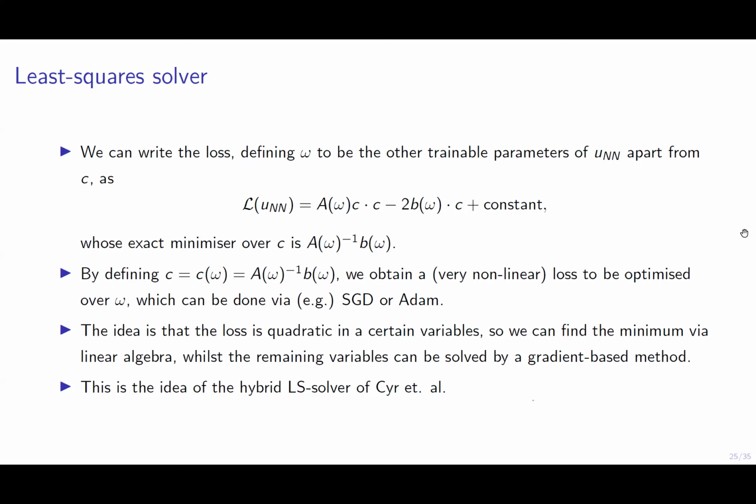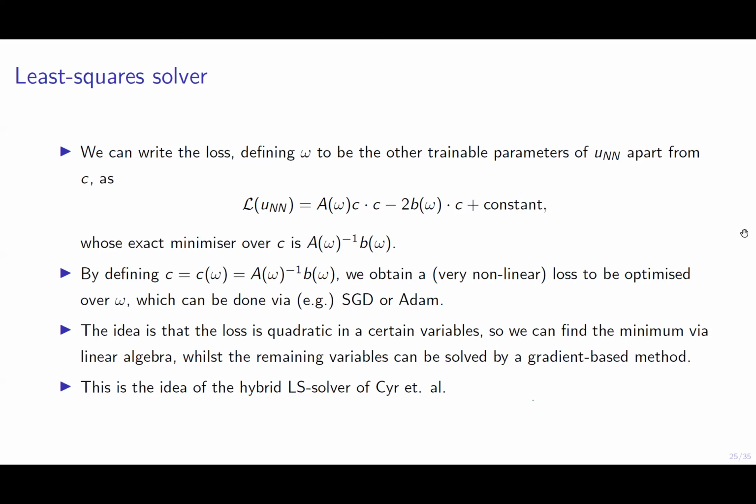We can think of our loss function as some matrix, which depends on what I'm calling omega, the non-linear parameters, all of the ones apart from the ones I called c. This gives us a matrix which in principle we can evaluate. Then we have our linear parameters dotted with linear parameters, the same with a vector which depends on the non-linear parameters, dot product with this vector, and again a constant term that I don't care about because I'm minimizing.